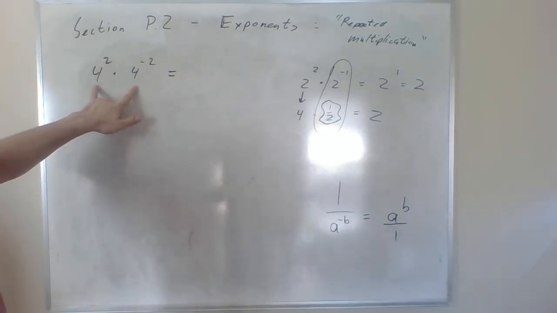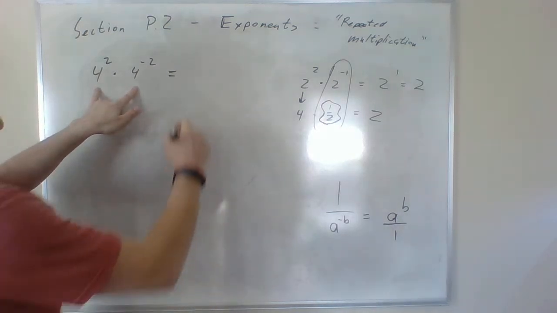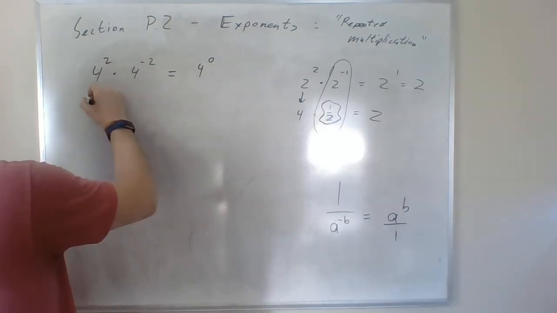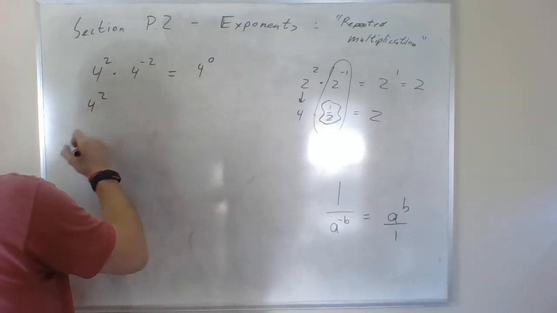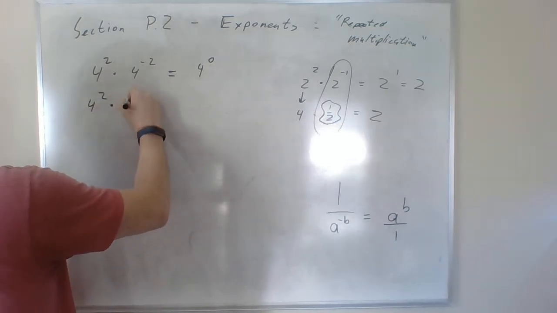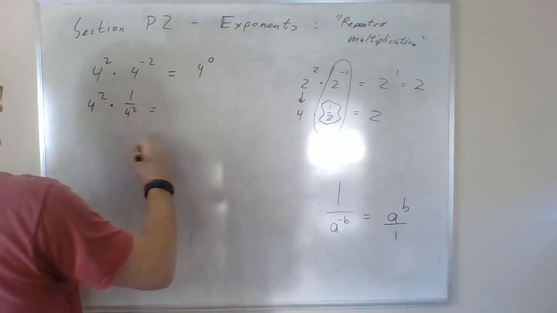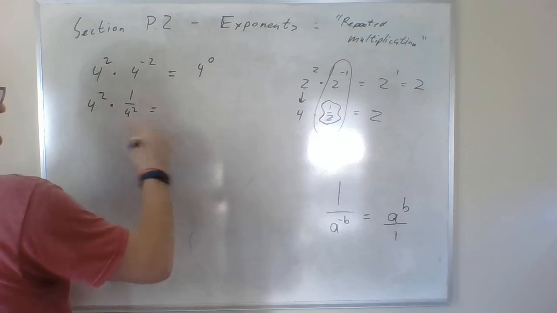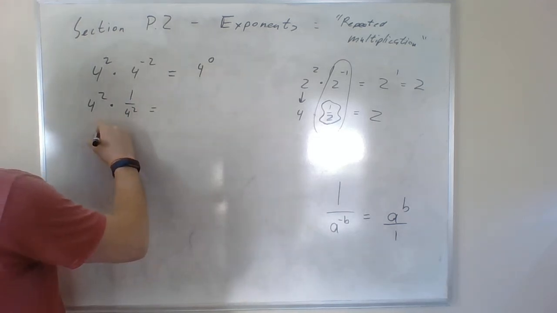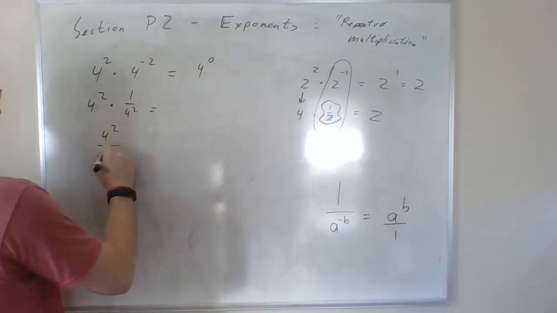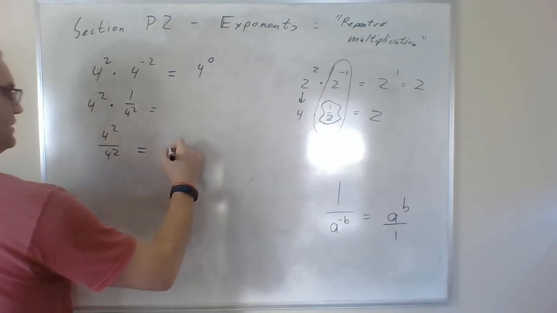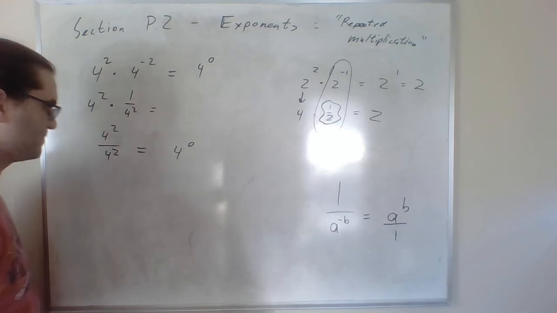According to the properties we just talked about, this should be 4 to the 0. Or, thinking about it a different way, this is 4 squared times 1 over 4 squared, which is 4 squared over 4 squared, and that would also be 4 to the 0.